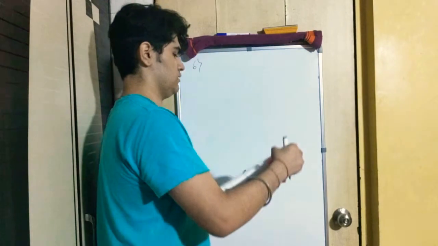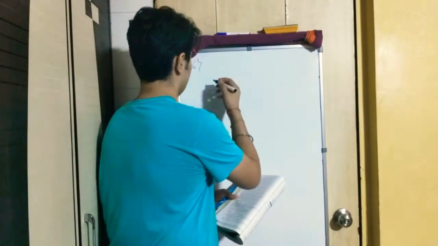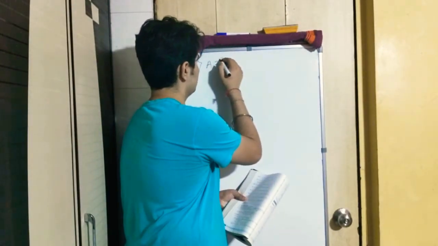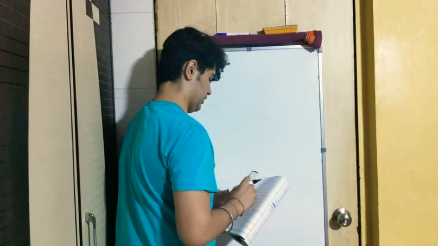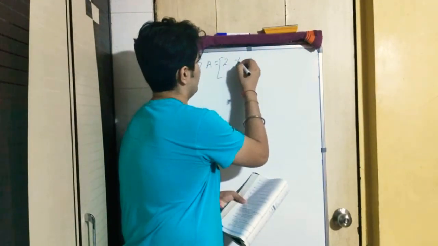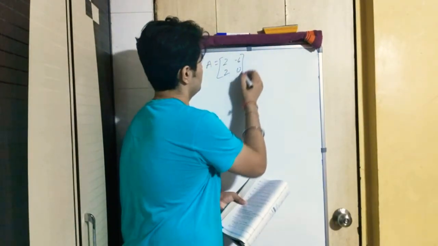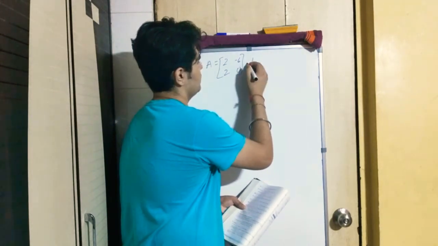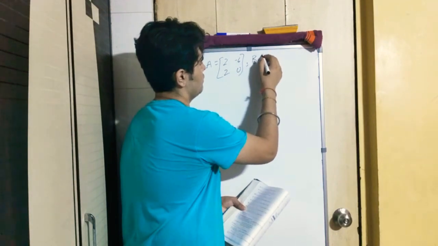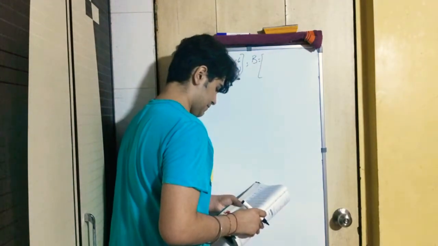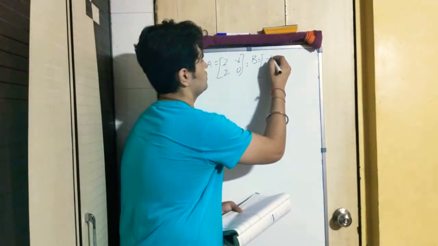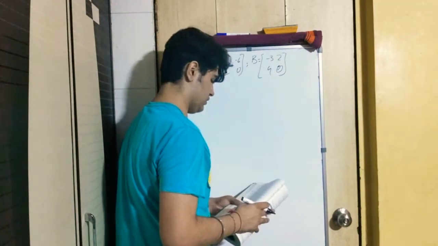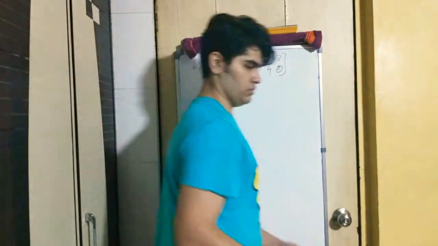Here we are given 3 matrices A, B and C. So A is [2, -6; 2, 0]. B is given as [-3, 2; 4, 0]. And C is given as [4, 0; 0, 2].